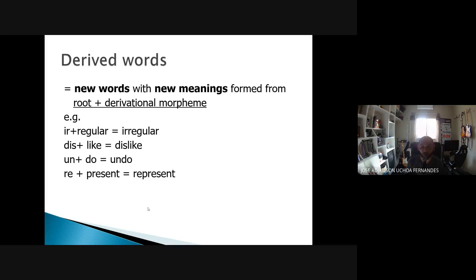Basically, we have discussed last class that derivation is when I change the word into another word class, or when I change its meaning by means of a prefix or a suffix, or both. Okay, sometimes both. I change meaning and word class. So I have something out of the same material, but with a different shape or with a different meaning. Okay.